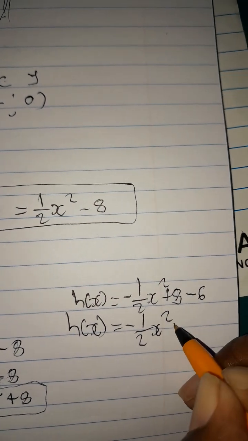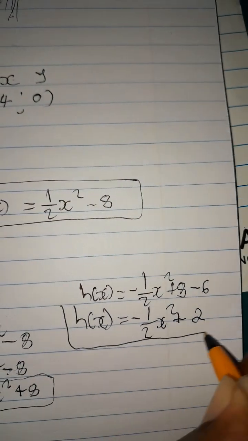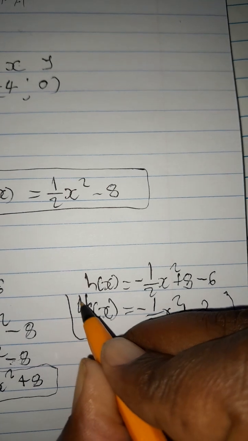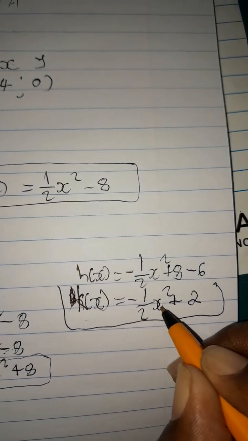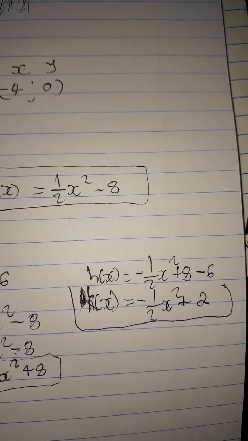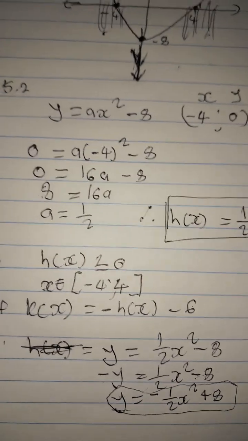So what is 8 minus 6? That will be plus 2. So this is your new graph, k of x, sorry for that. You need to leave it in the form of k of x. So your graph in the form of k of x will be negative half x squared plus 2. Hope guys you did get it.